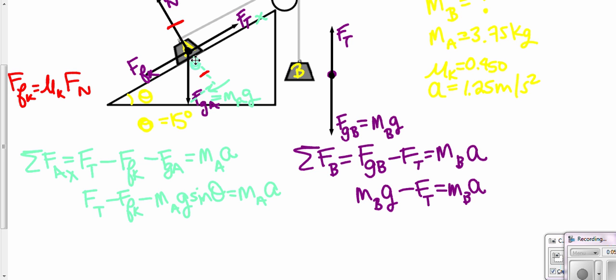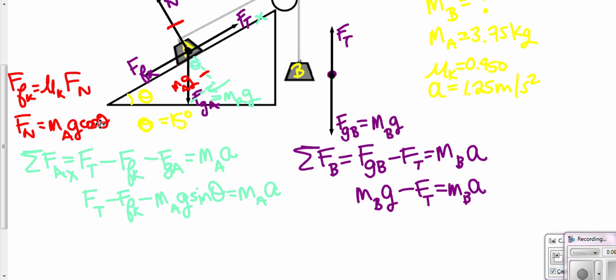All it's trying to do is make sure that this thing is not accelerating down into the block itself, or into the sliding ramp, whatever. So this normal force actually should be equal to the mass of block A times G times cosine of theta. And it's cosine because it's adjacent to the angle here. This was mass of A times G.